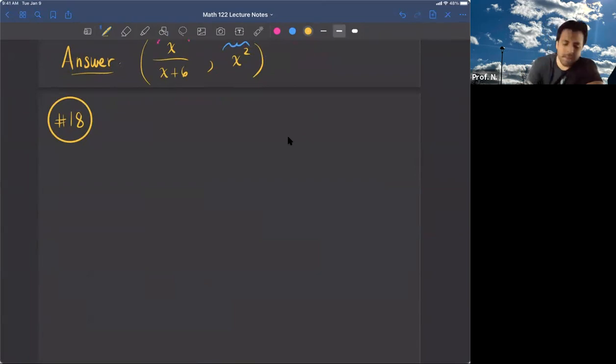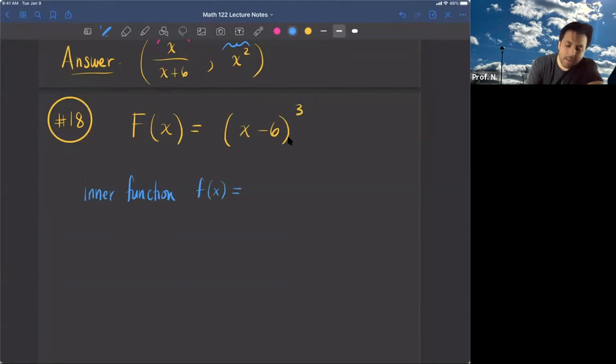So 18 is the same idea. We have a big function, f of x, and this is parentheses x minus 6 cubed. Now, what I want to do is write an inner function and an outer function. So my inner function is f of x, and my outer function is g of x.